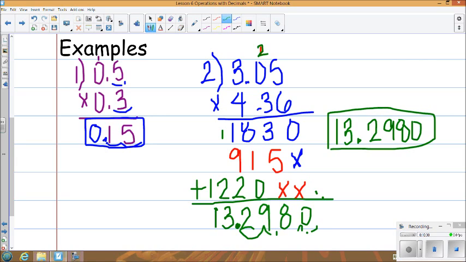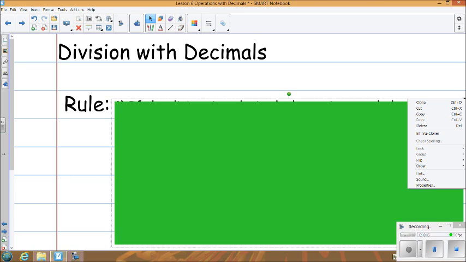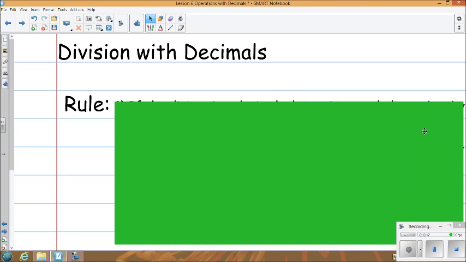Okay, so that's multiplication. And then the last operation that we need to cover is division. So division, you're going to basically treat it the same as normal division. Again, you do need to worry about the decimal place.